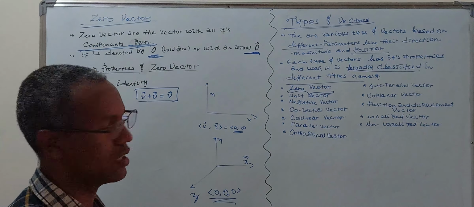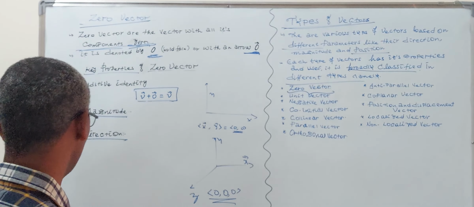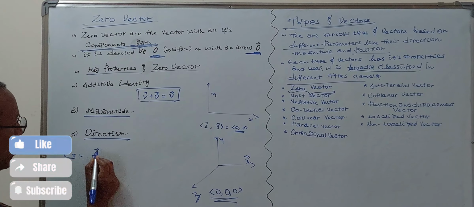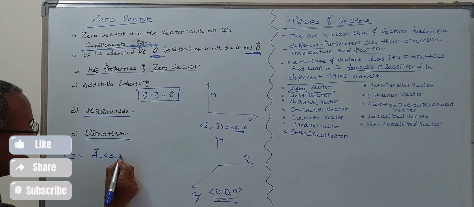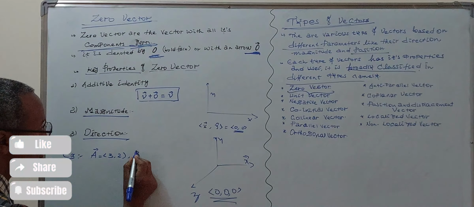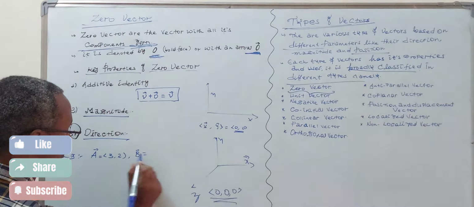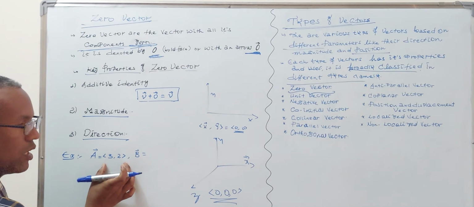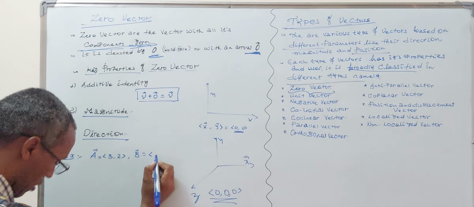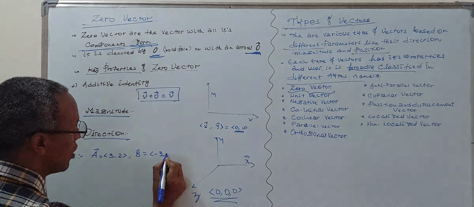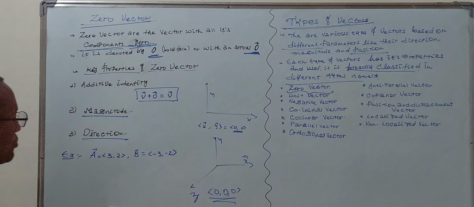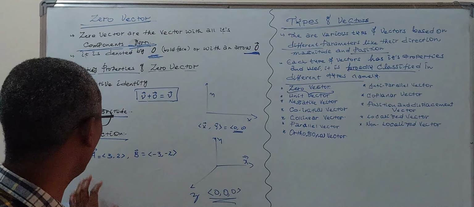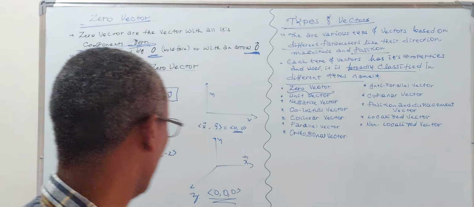Let's say vector A is equal to (3, 2), and then vector B is equal to (-3, -2). Both vector A and vector B are given by this.